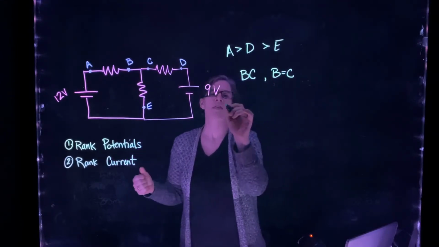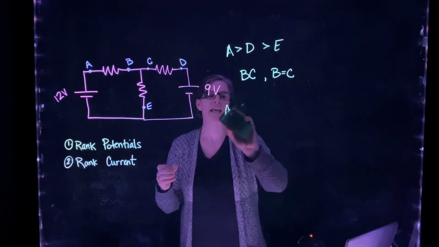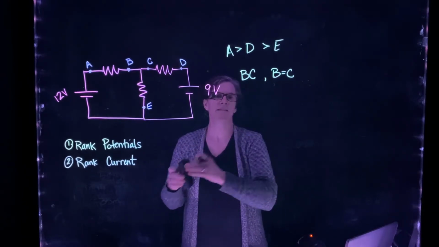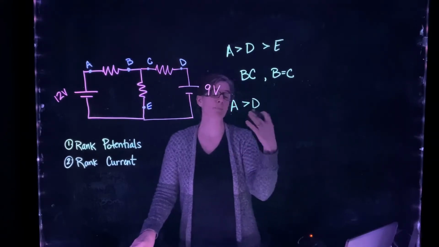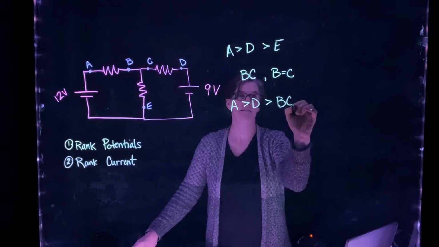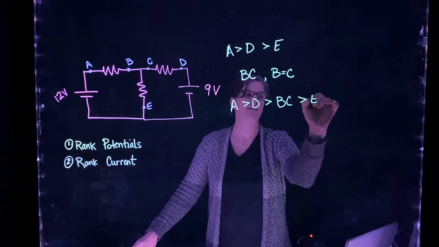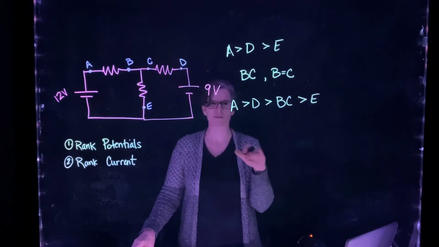We know that A is greater than D, and that could be greater than B and C, which we know is greater than E. How do we know everything's greater than E? That was our reference potential.